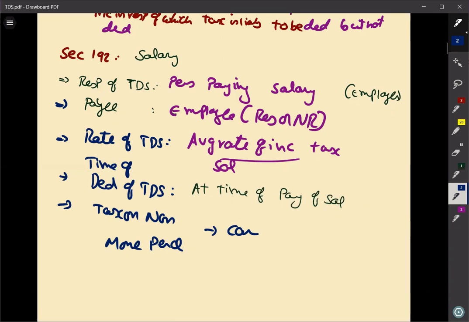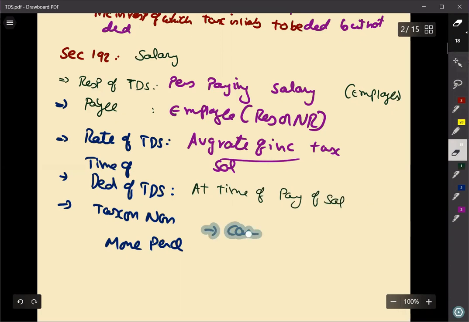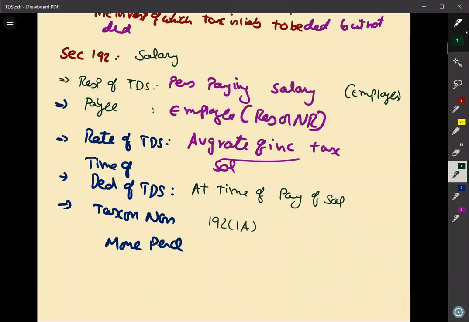So the employer is giving you some sort of non-monetary perquisites. Whenever any non-monetary perquisite is given by the employer, the section says we are supposed to apply section 192 subsection 1A.